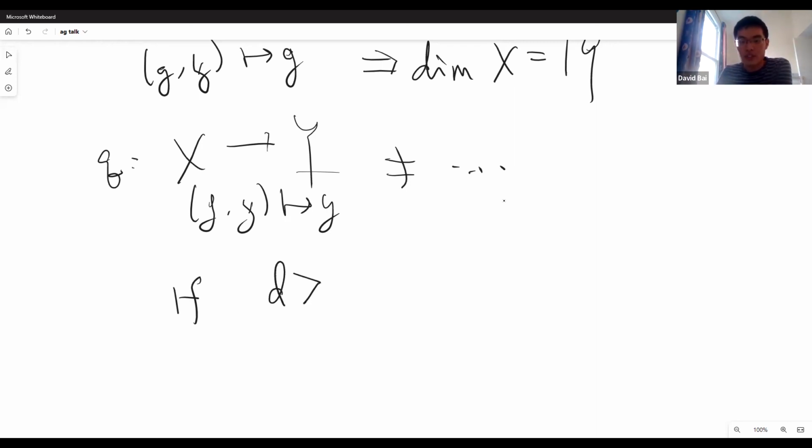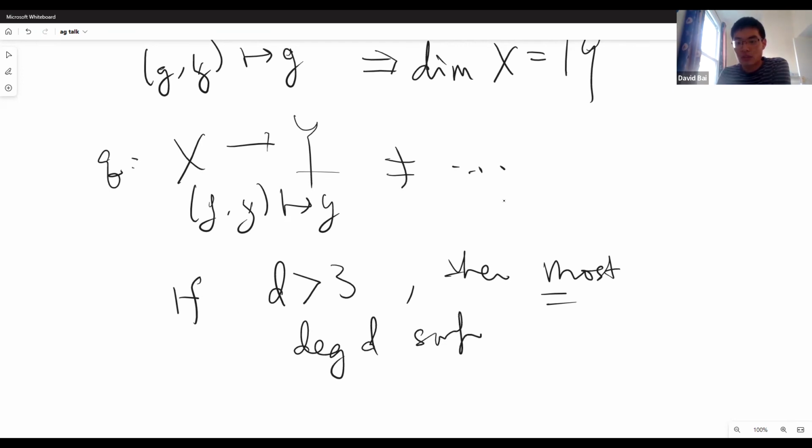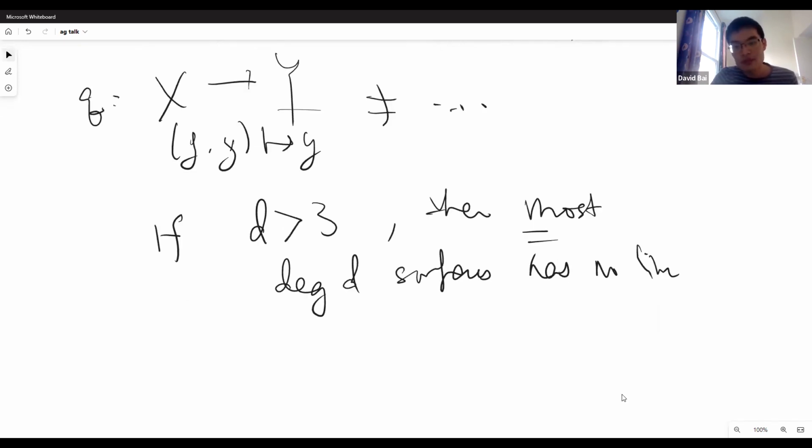If d is greater than 3, then most degree d surfaces have no line. And for experts, by most, I mean a non-empty Zariski open set of the parametric space. But yeah, it's just something of a lower dimension.